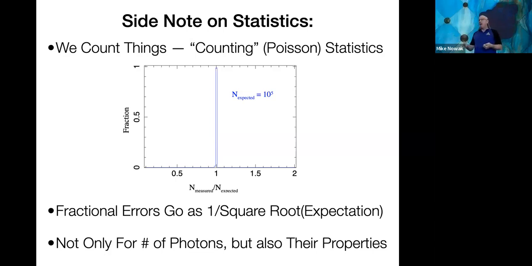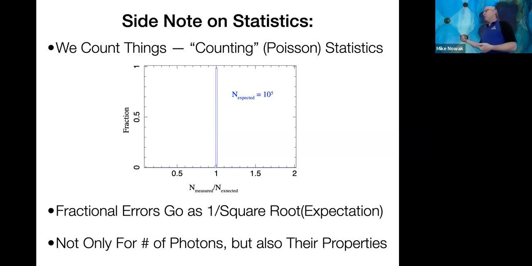The error I get in counting something goes as 1 over the square root of the number of things I'm counting. So the more photons I can gather, the more accurately I can say the total number of photons I'm going to have and understand, which is why we always want to make our detectors as big as possible so we can up that number of photons.